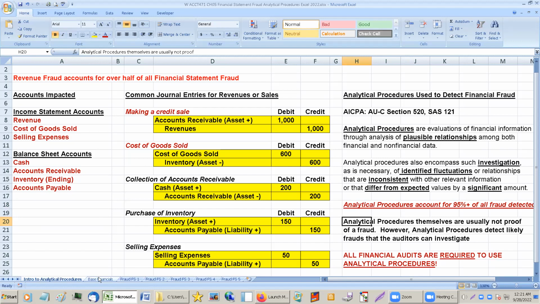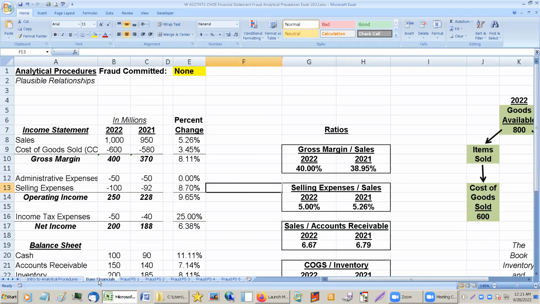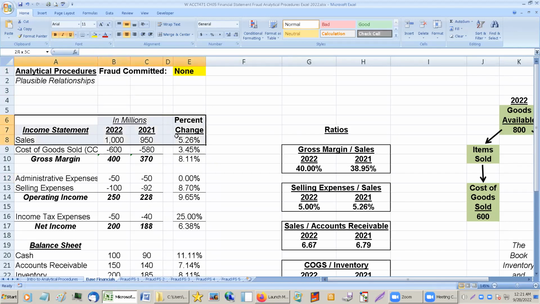Okay, so what I want to do is go through some scenarios. We're going to first start out with financial statements with no fraud. So this is the income statement here.